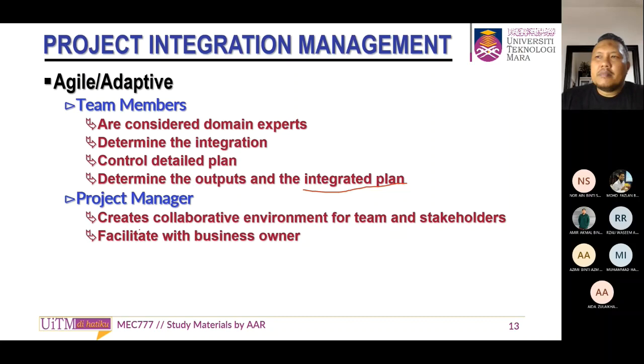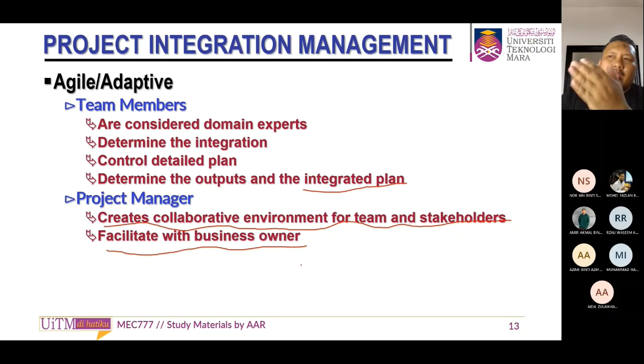For the project manager, they create the collaborative environment for the team and the stakeholders, and they also facilitate with the business owner. So normally the project manager will report to the sponsor or the business owner, and the team members will report to the project manager, and then they will do the work given by the project manager.